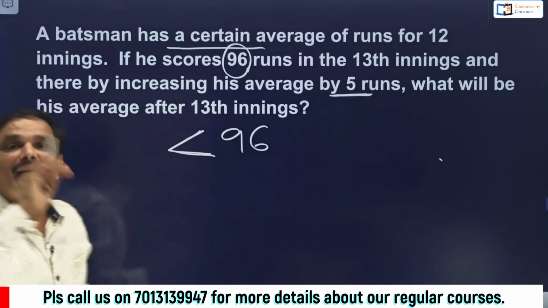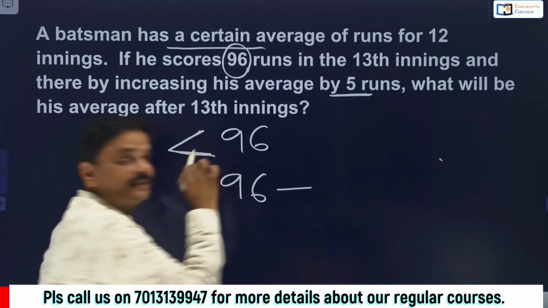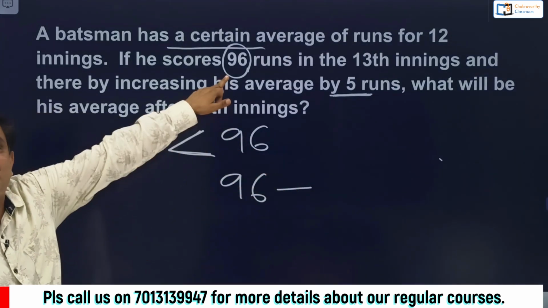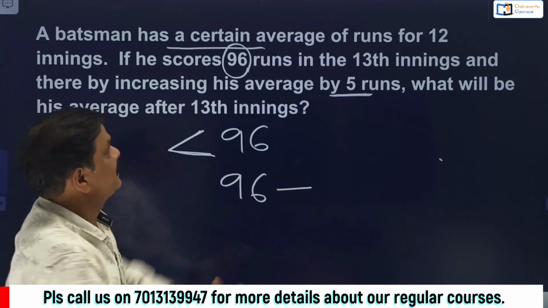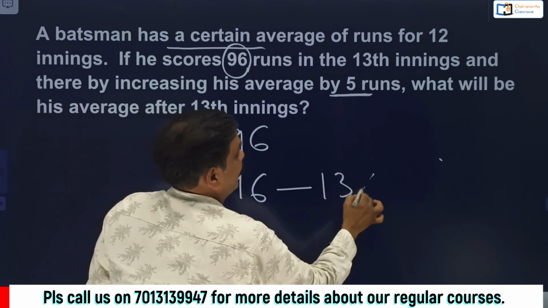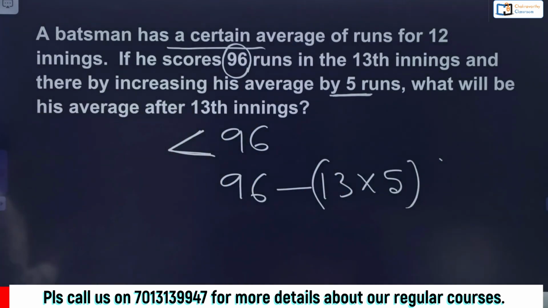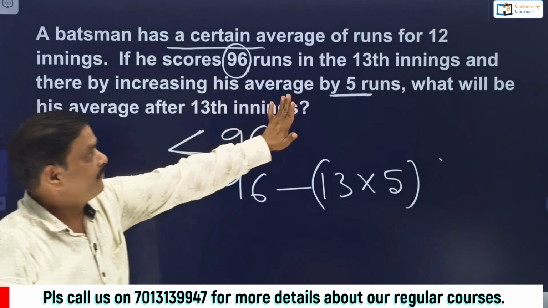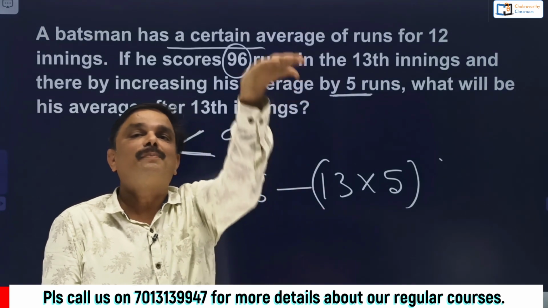How much less than 96? That is 96, the total in the 13th inning, right? So from 96 you have to balance the average. 96 minus 13 into 5, that's all. 13 into 5. Have you understood this one? Because of these 96 runs in the 13th inning, the overall average has been increased.